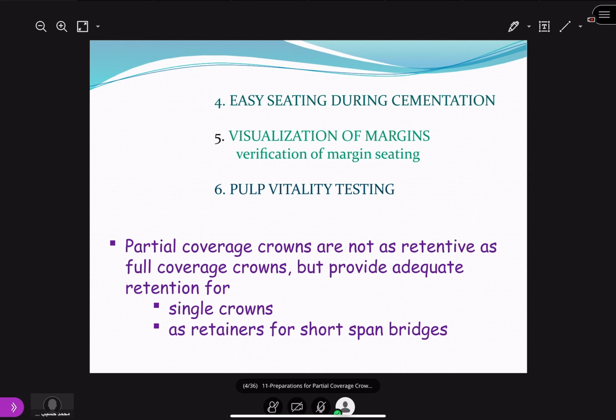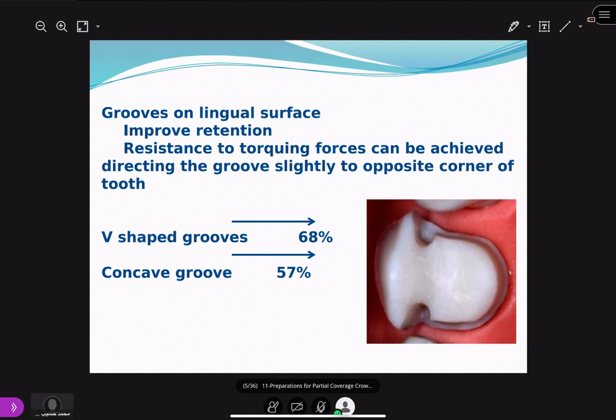Partial coverage crowns are not as retentive as full coverage crowns because we will not include one surface of the tooth. That is why it is partial coverage. So it is not as retentive as compared to a full coverage crown. Then what will we do to provide retention? We will incorporate certain features. The most important feature in the partial coverage crown is the proximal grooves.